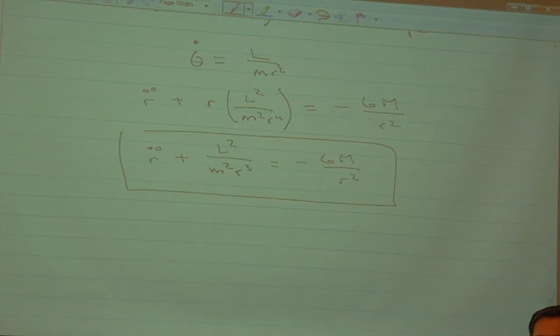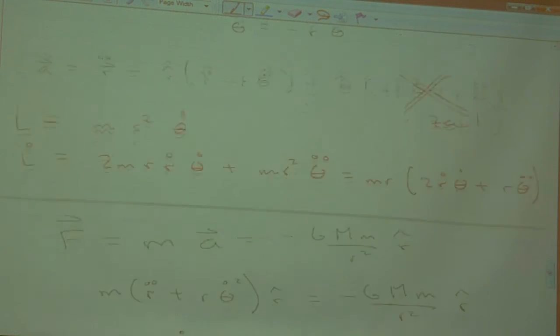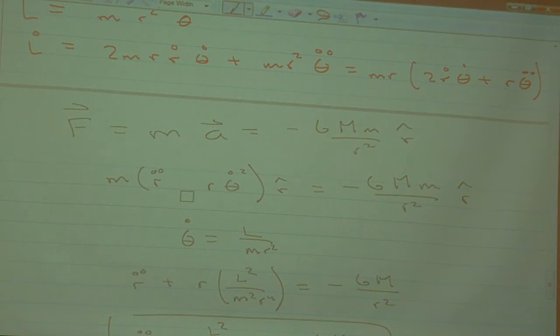It involves 1 over r squared and 1 over r cubed. It's just ugly. And I lost a minus sign. There's a minus sign right here, which I didn't write.